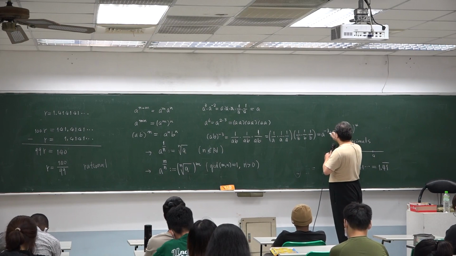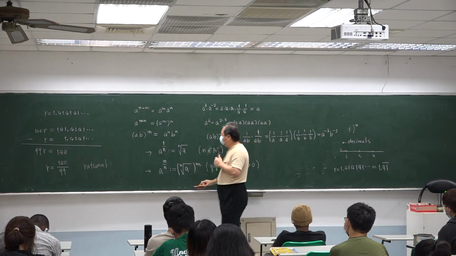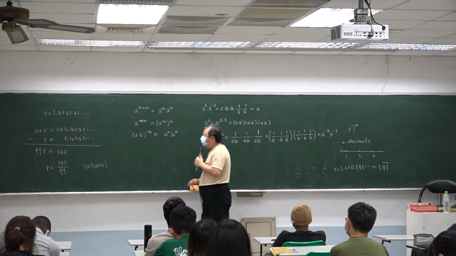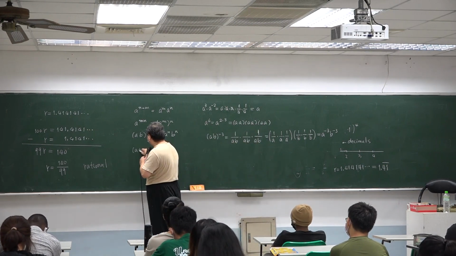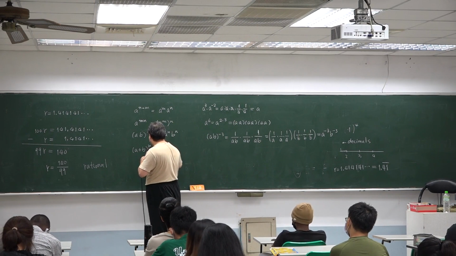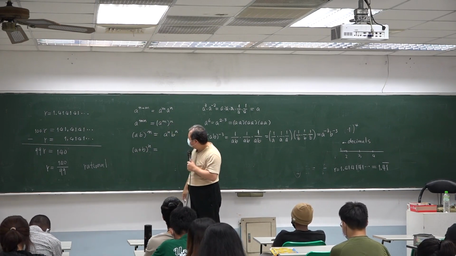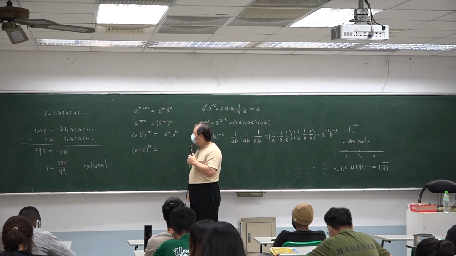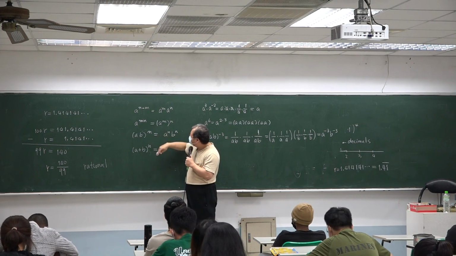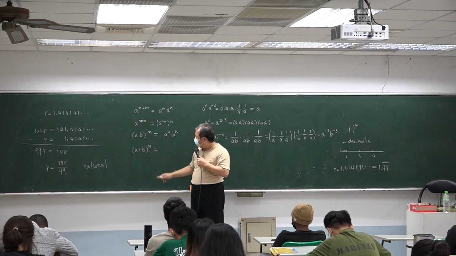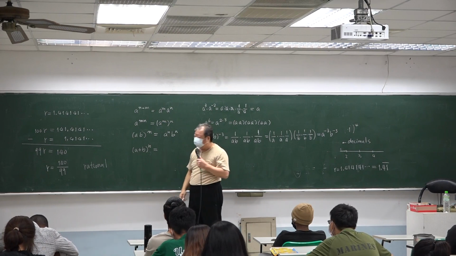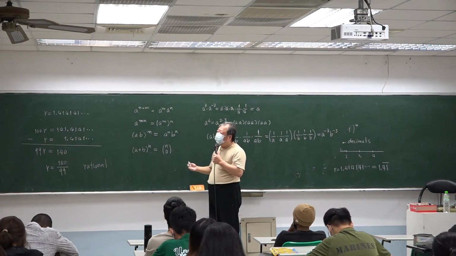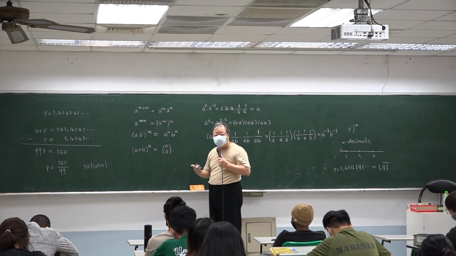Because A and B are numbers, we may consider this. But usually when we talk about exponents or laws of exponents, we only focus on these 3 formulas. This one is called the binomial theorem, which will be considered in the topic of permutations and combinations.